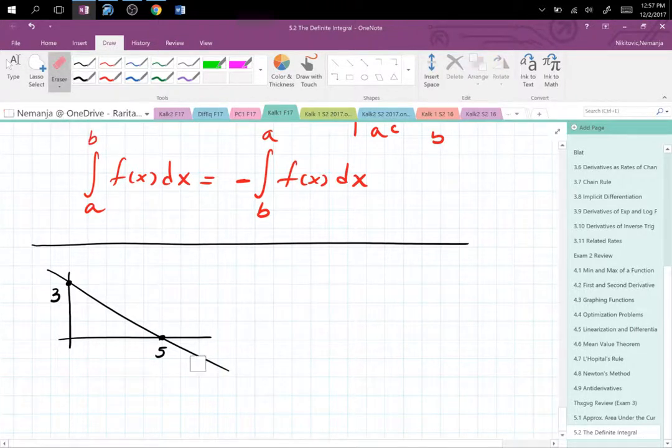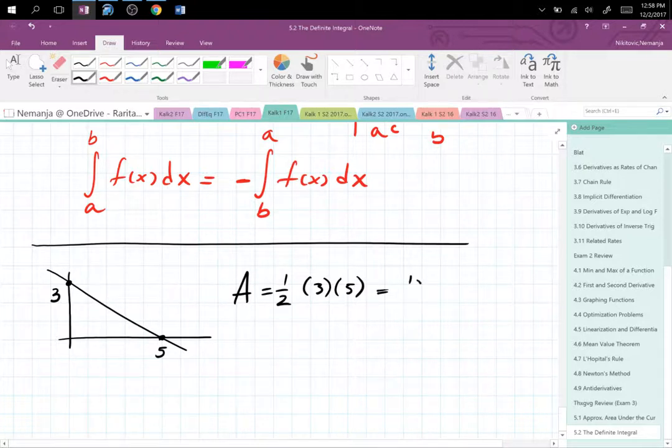So, what is the area under the curve? Well, obviously you will say area is equal to 1/2 3 times 5, right? Well, 5 times 3, whatever. It's 15 halves. And then the kid goes, why?